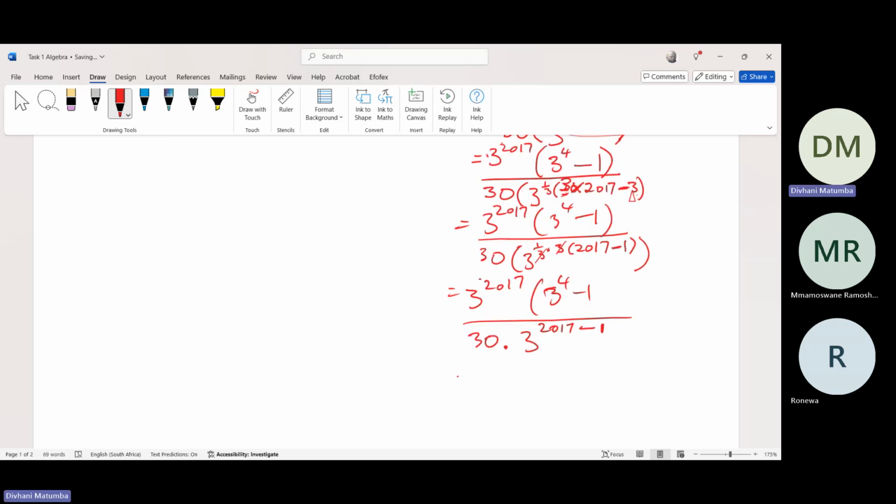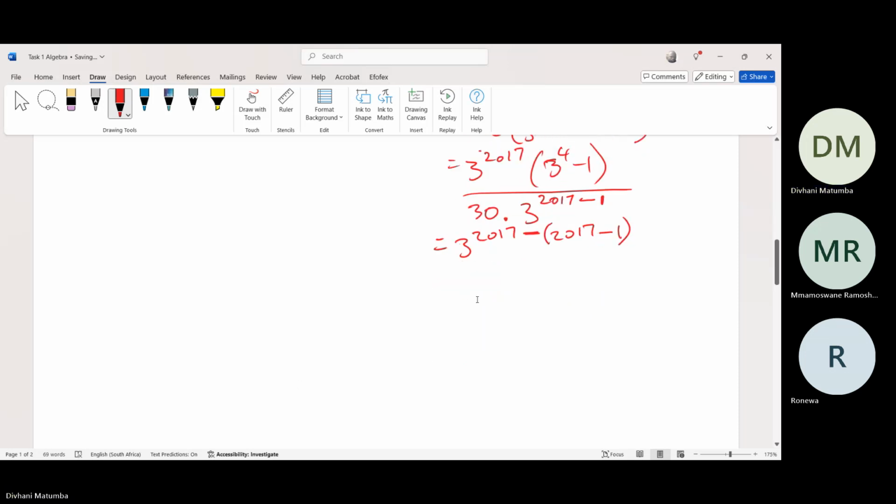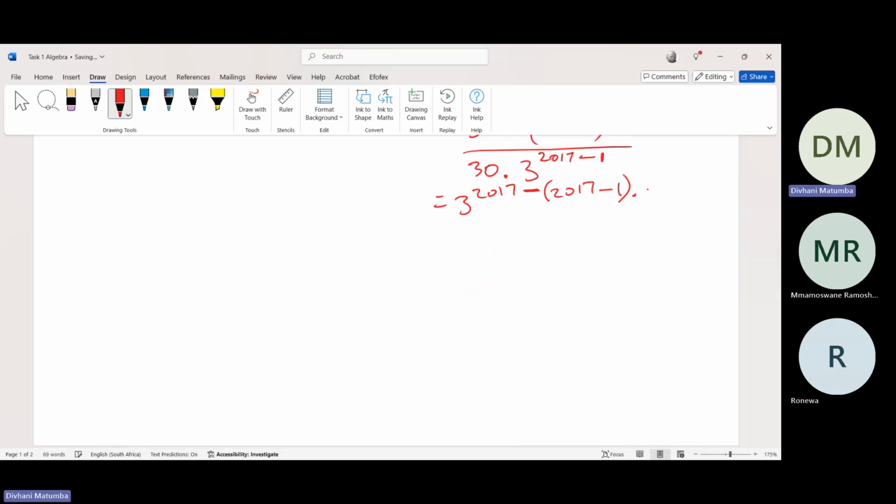Then from here, we will just subtract the exponents. 3 to the power of 2017 minus, do you agree? Yes. Then times 3 to the power of 4, which is 81, 81 minus 1, all over 30.